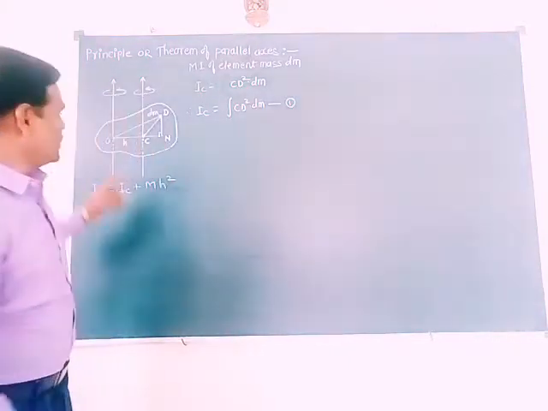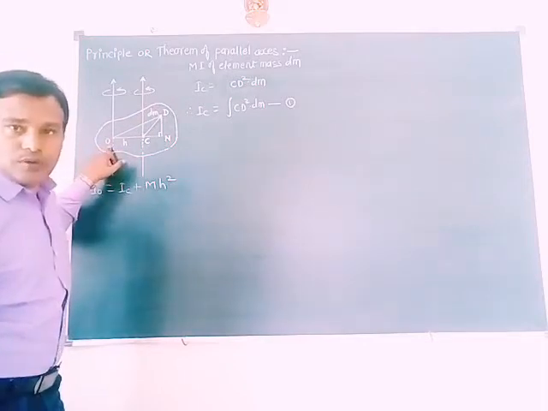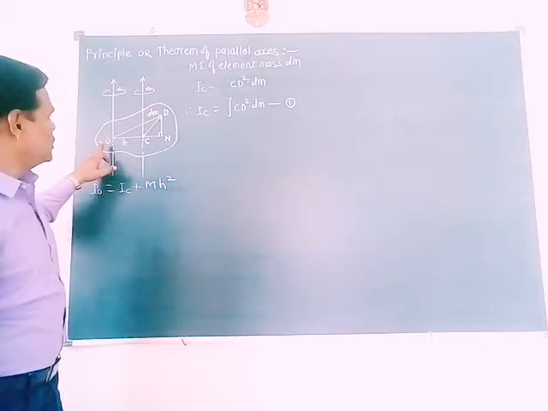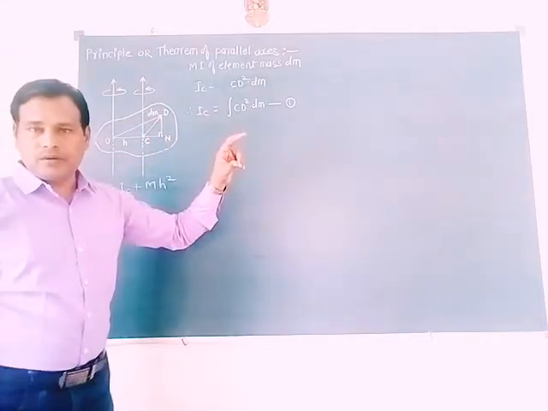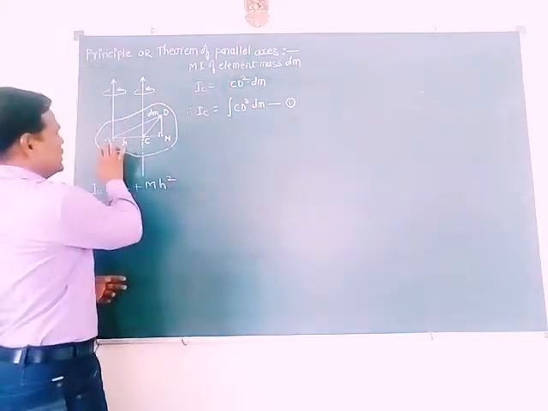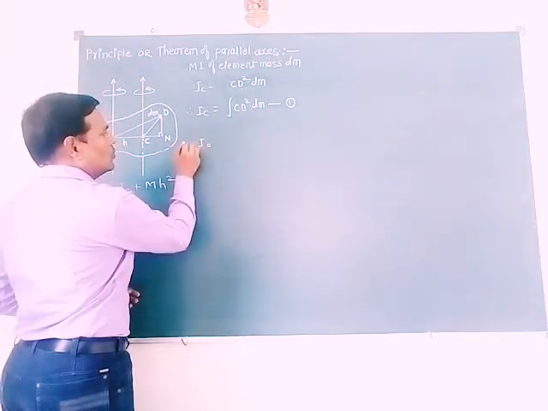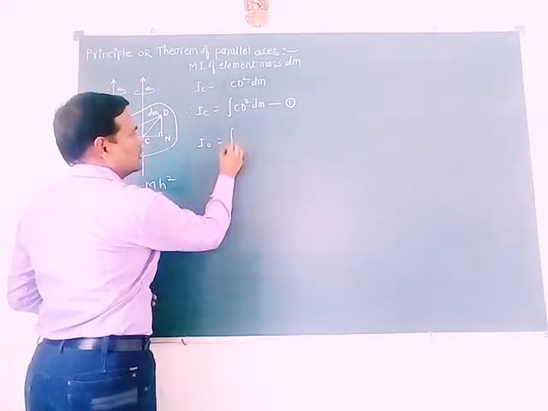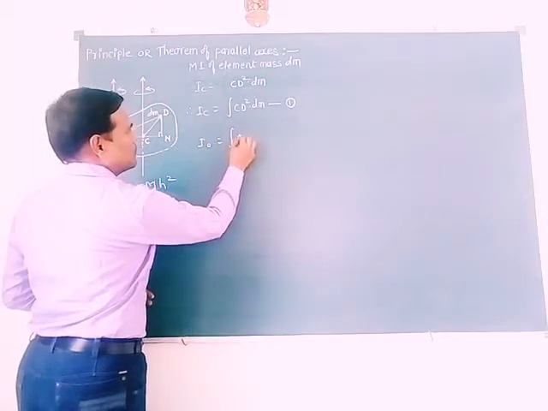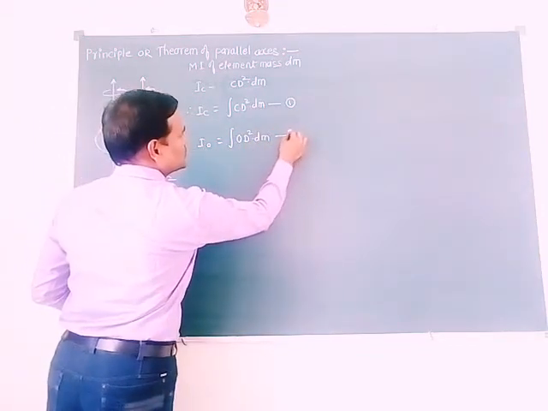Similarly, we can write the moment of inertia of this element mass about the axis passing through point O. It is dm into OD square. The moment of inertia of the total body about the axis passing through point O, IO, is equal to the integration of OD square into dm. Call this equation number 2.